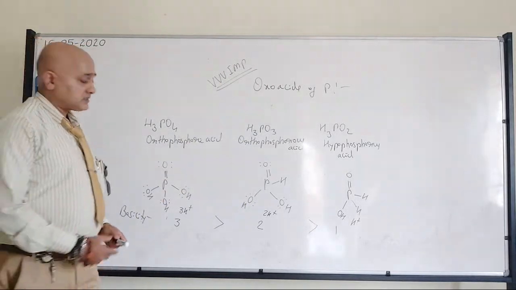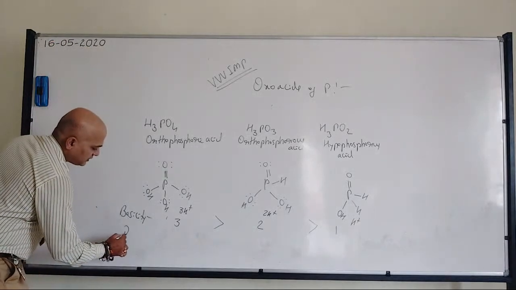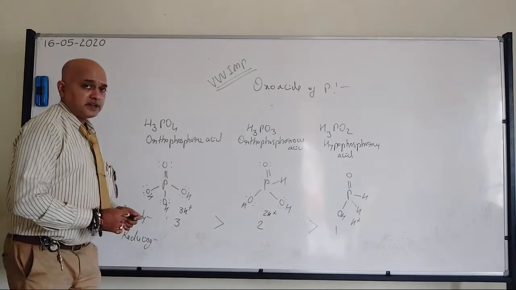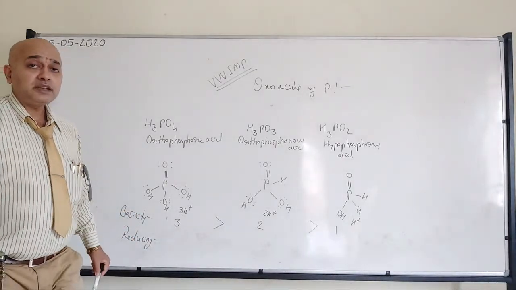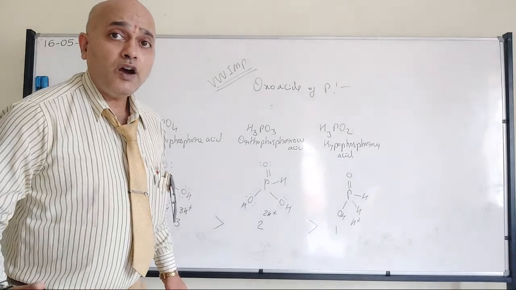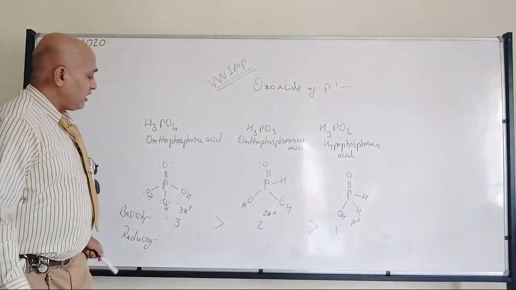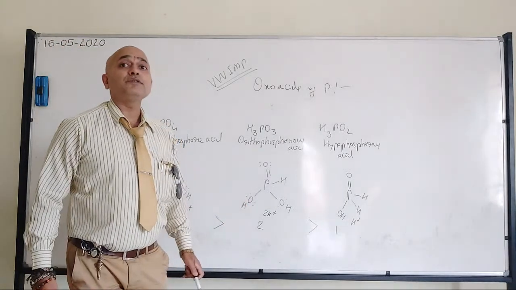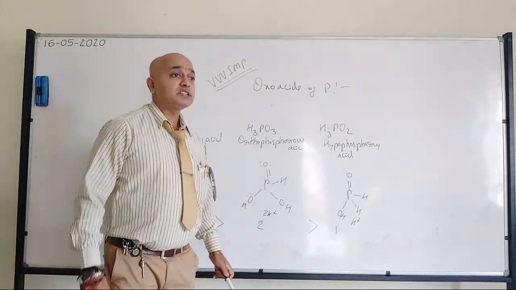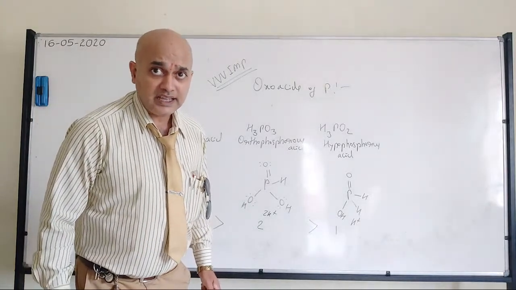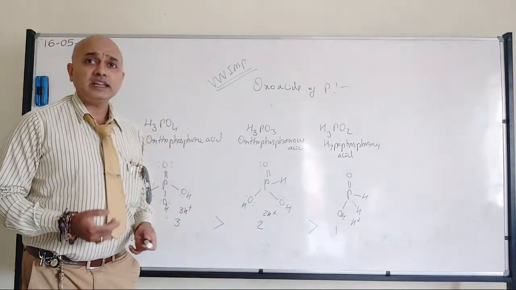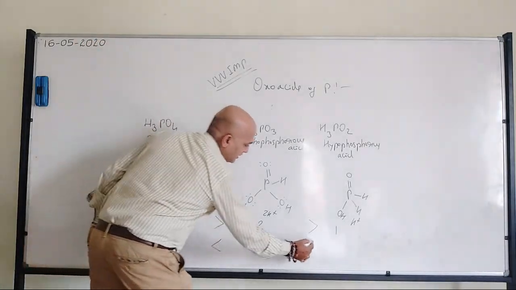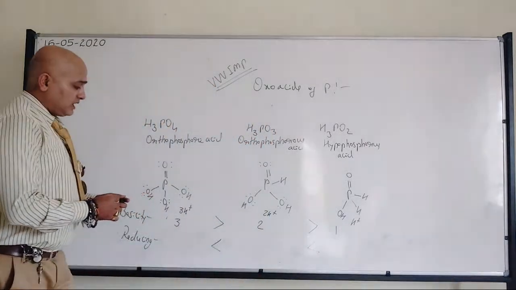Same way, if I take reducing property, it will be based on how much hydrogen they can liberate, or in this case the hydrogen attached directly to the phosphorus. As the hydrogen attached directly to phosphorus increases, reducing character also increases. So it is in the reverse order.